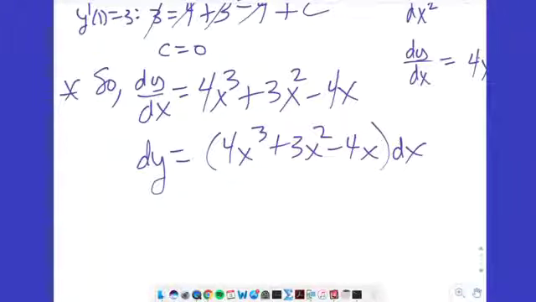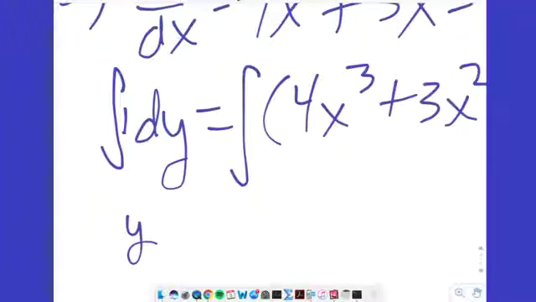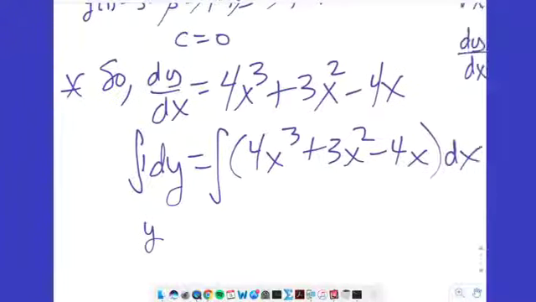Now that I've got my y's and dy's on one side and my x's and dx's on the other side, now you can take the integral of both sides. And really, the integrand on the left is really a 1. So what would you take the derivative of with respect to y to get 1? y, right? dy is equal to 1. So that is how we go backwards on that side. So we get y equals. Now, you don't have to show that right now. If you just want to go from dy dx to y when you go backwards, that's fine.